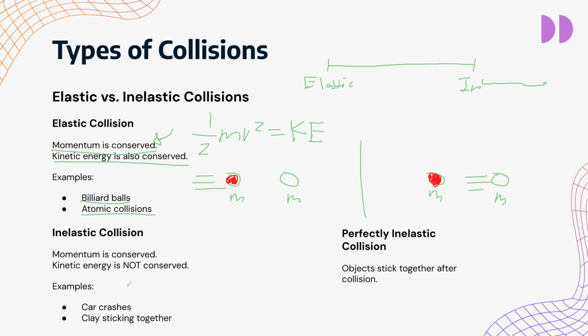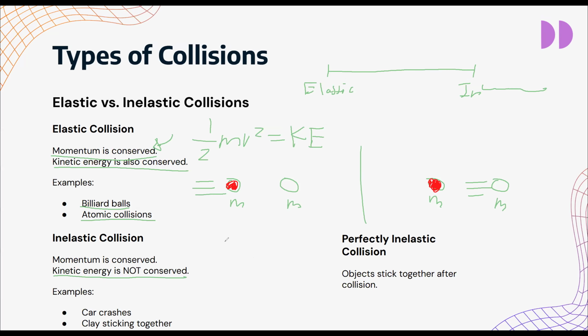but kinetic energy is not conserved, and this is the important part. In a completely inelastic collision, the two objects are going to stick together. So this red ball is coming towards a green ball.